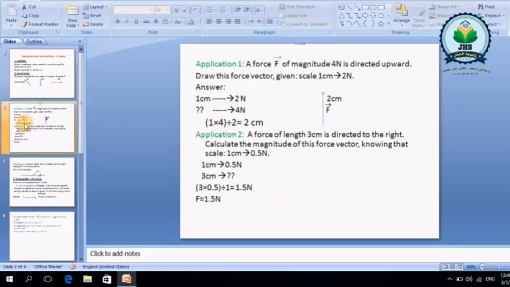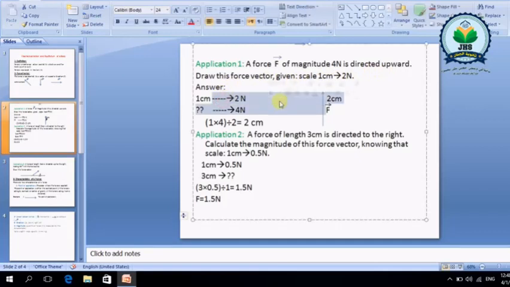Now we will take application 1. A force vector of magnitude 4 Newton is directed upward. We draw this force given the scale 1 centimeter, yani each 1 centimeter gives 2 Newton. Okay, the answer here. How can I draw this force?